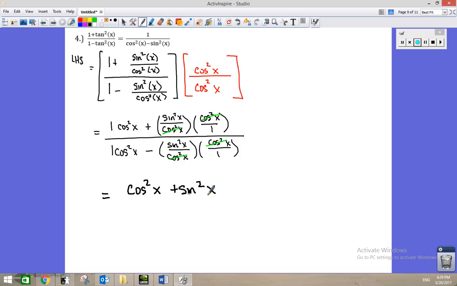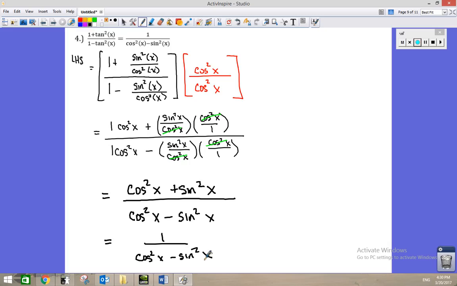Hey, by the Pythagorean identity, that numerator is equal to 1. And down here in my denominator, I've got cosine squared of x minus sine squared of x. And we are done, because that numerator by the Pythagorean identity is 1. And this is the correct order of subtraction that's in the denominator up there.